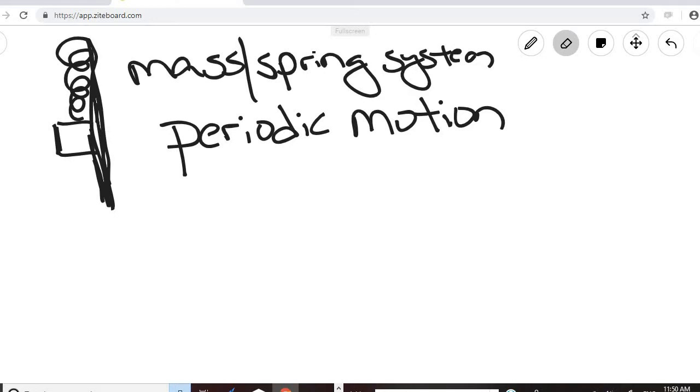So what other things would you notice about the movement of the mass?